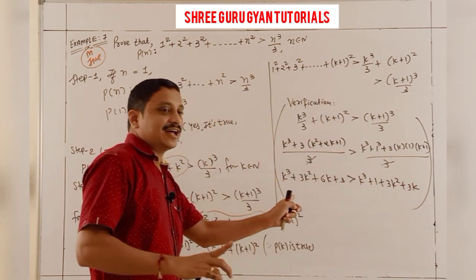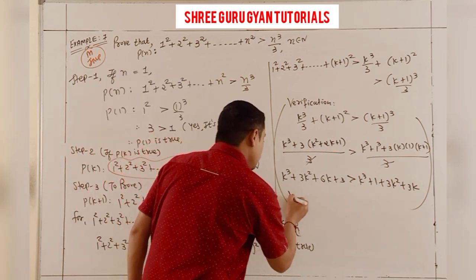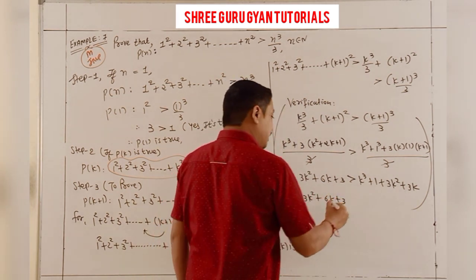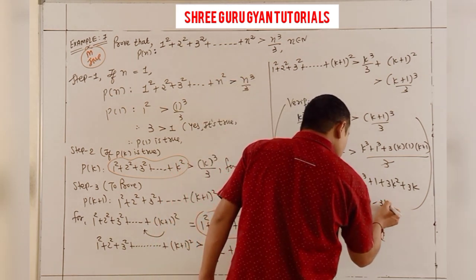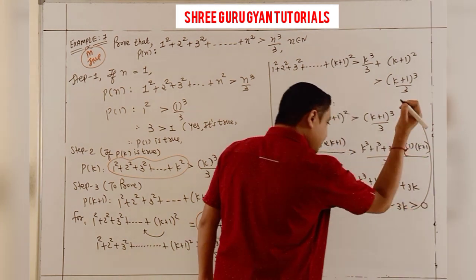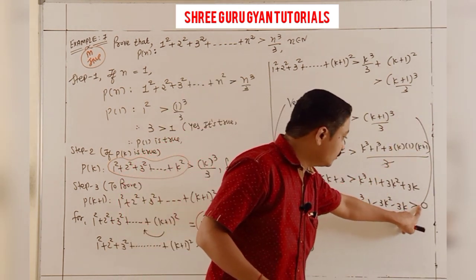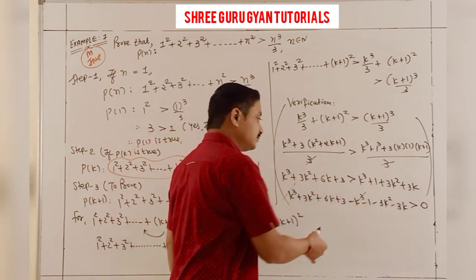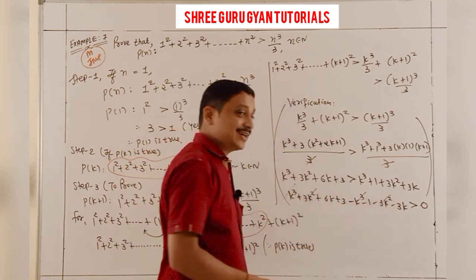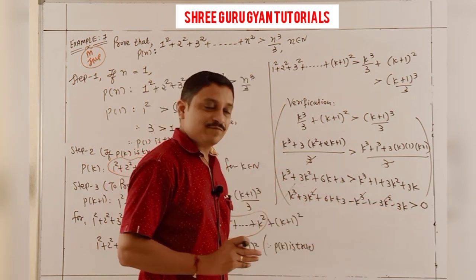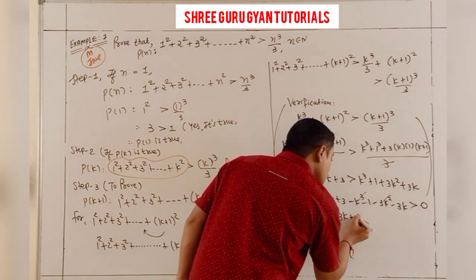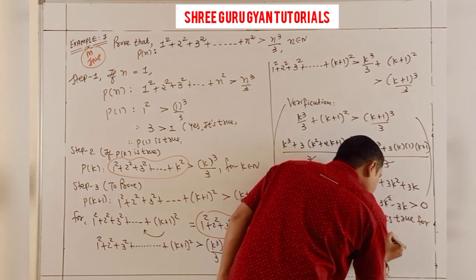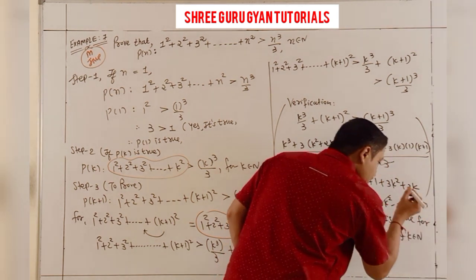Take the right side to the left hand side: k cube, 3k square, 6k plus 3 minus k cube minus 1 minus 3k square minus 3k is greater than 0. Students, I converted all the right side values to the left side. So this cancels, yes, that also cancels. You are thinking correctly. 6k minus 3k, 3k plus 2 is greater than 0, and it is true for every k belonging to natural numbers.